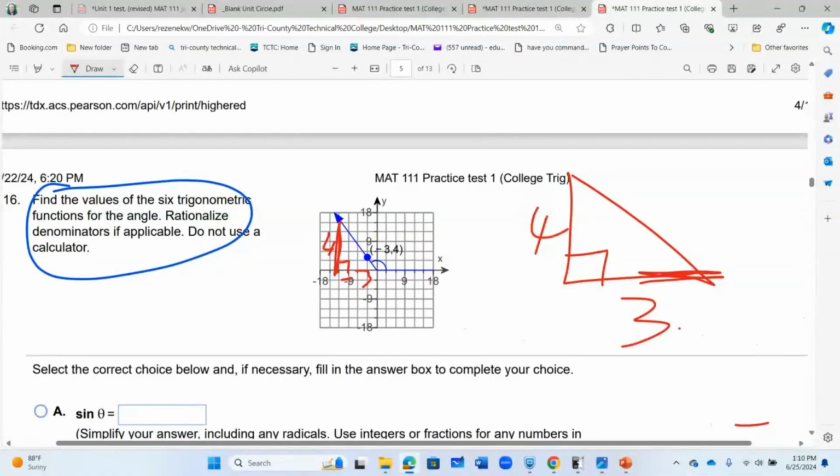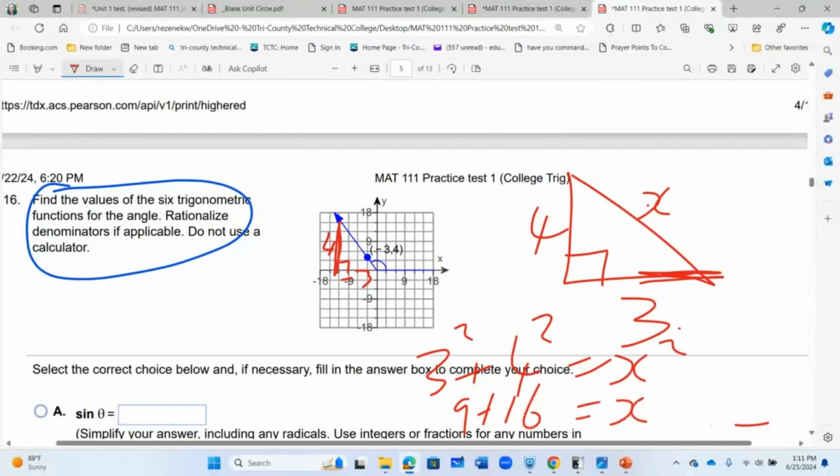But I will find this by the Pythagorean theorem. 3 squared plus 4 squared is equal to the hypotenuse squared. Let's call it x. So x squared is 9 plus 16, which we already did several times the other day. This is 25, which means x equals 5.